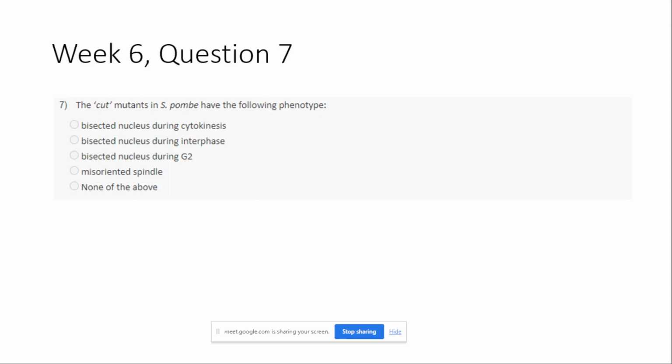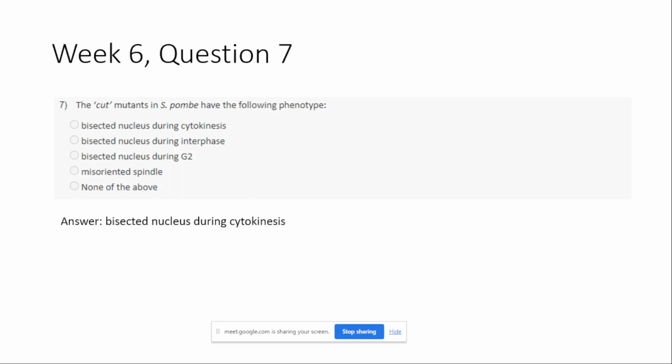Okay, so the answer is bisected nucleus during cytokinesis. Why cytokinesis? Because after cytokinesis the nucleus will be bisected, right? Because there is a possibility that the anaphase bridge cannot be resolved.